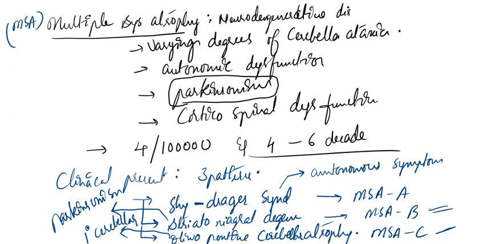So that is the reason, I think, that in recent textbooks you don't see the MSA-A type of pattern. Only MSA-B or MSA-C is present. Why? Because these autonomic symptoms are also included in MSA-B as well as MSA-C. So MSA-A you don't observe in recent textbooks. Okay, so just leave it aside. No problem with it. We'll just go on with the topic.